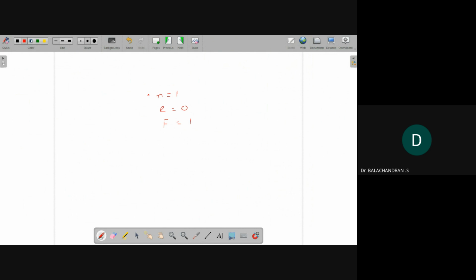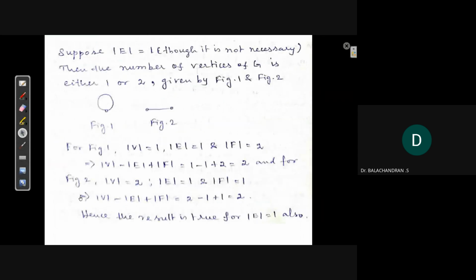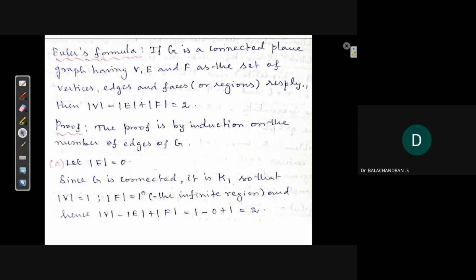Next, I'm going to check. N is 1, E is 0, F is 1. So it is K1: the number of vertices is 1, the number of faces is 1, the infinite region or infinite face, and the number of edges is 0.